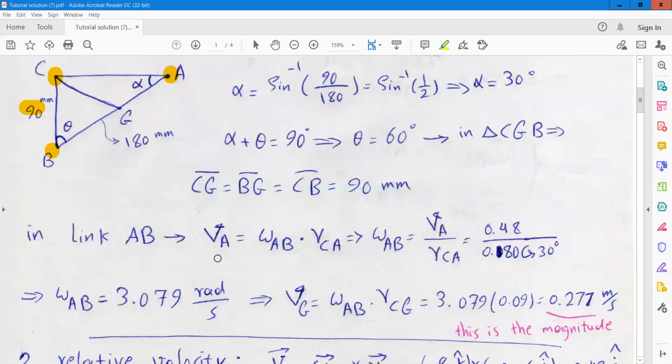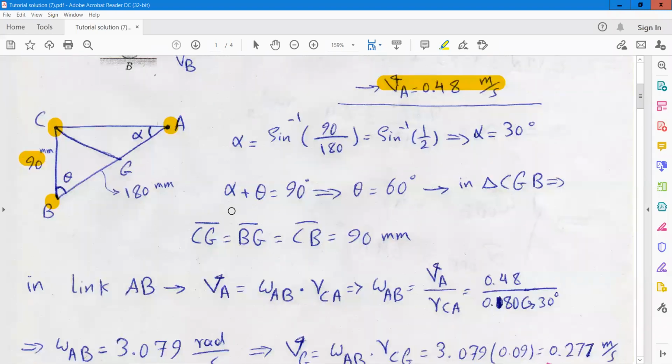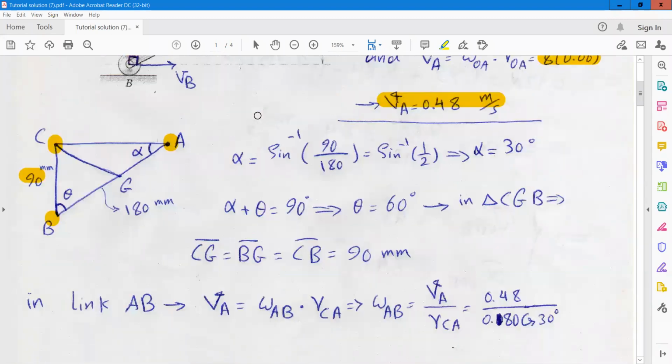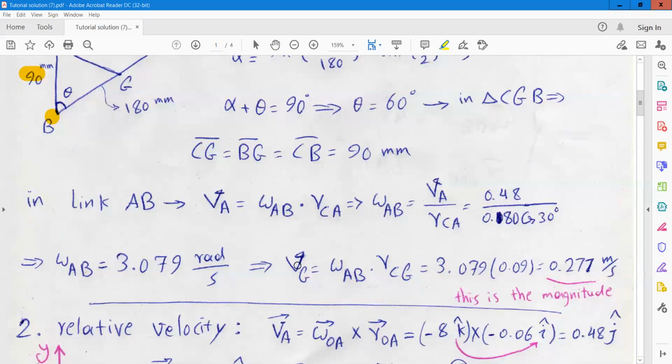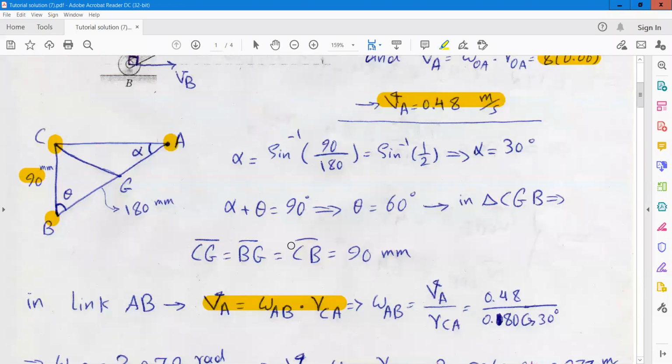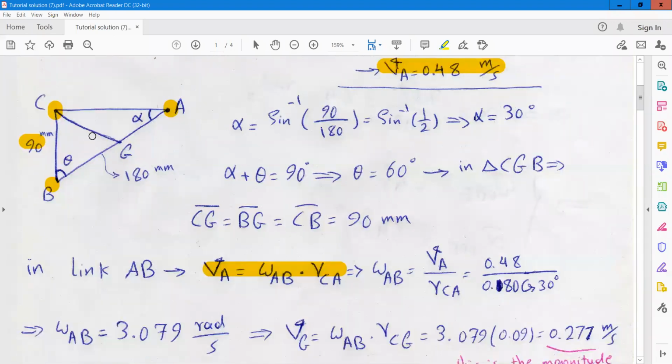So we know the velocity of point A from the link OA. And the next step, easily you can write that the velocity of A in link AB is equal to RCA times omega AB, because as you know, the instantaneous center of zero velocity means that we can assume that this link at this instant is rotating about its instantaneous center.